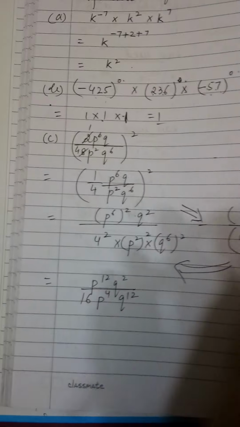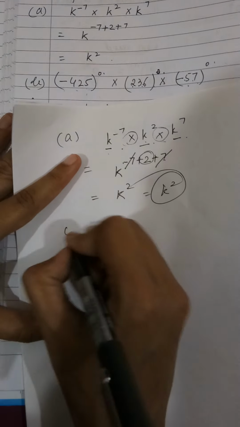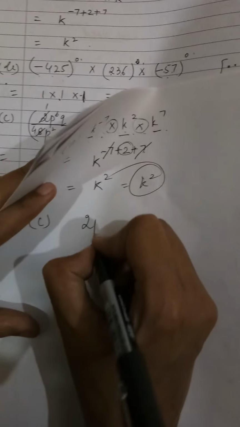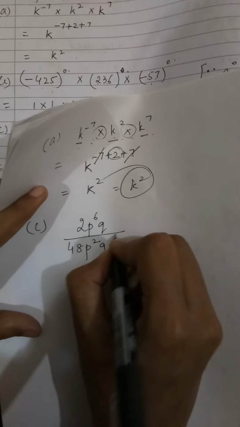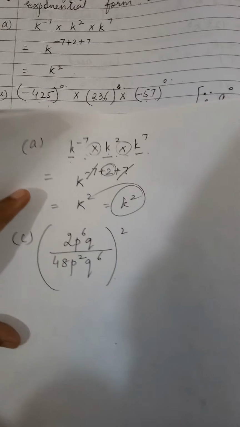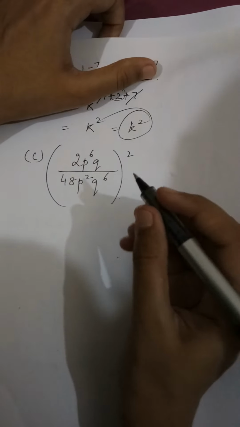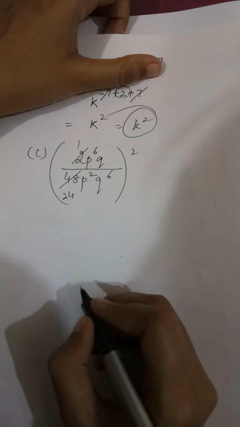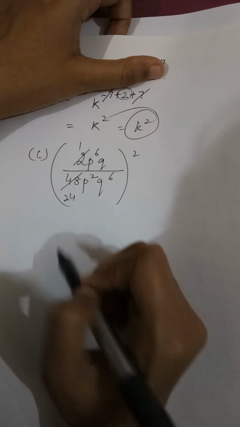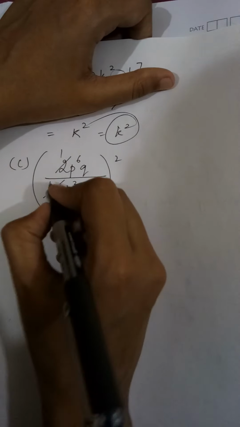Now come to the C part. Let me explain you step by step. (2p to the power 6 q by 48 p square q to the power 6) whole square. First of all we are going to cancel: 2 ones are 2, and 48 we cancel by 24, so it was 8.